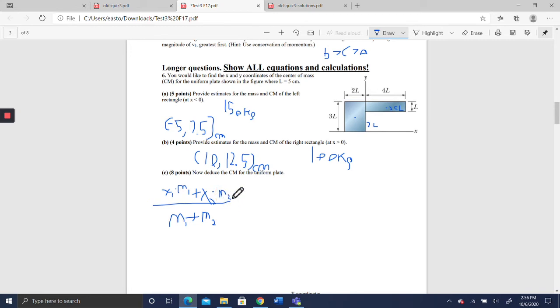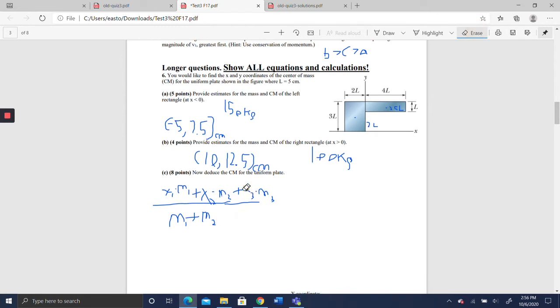And then if you hypothetically had a third mass, so this is not related to this problem, but if you did have a third area, you would do x3 times m3 and then plus m3 on the bottom. So hopefully that made sense.